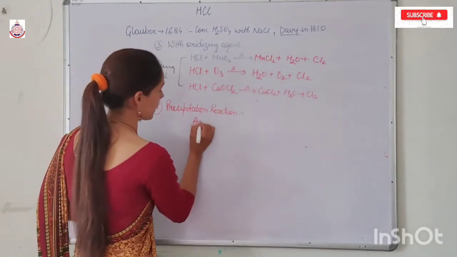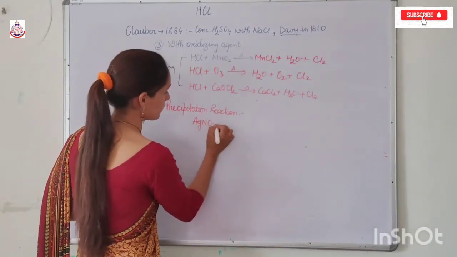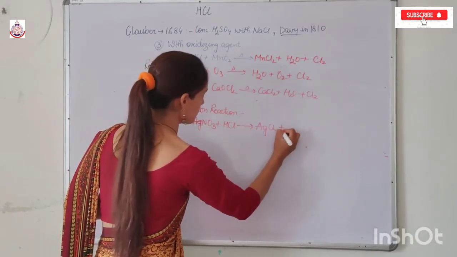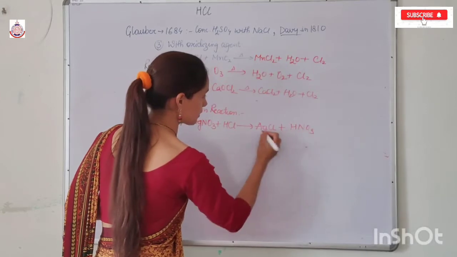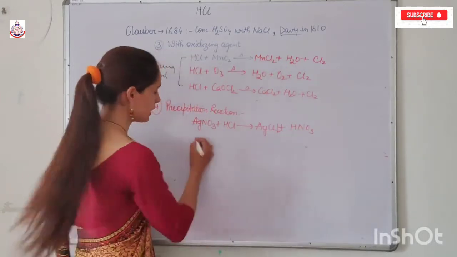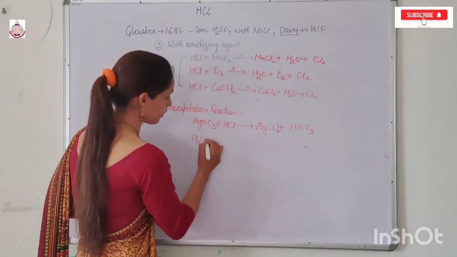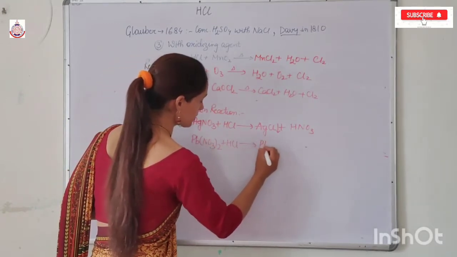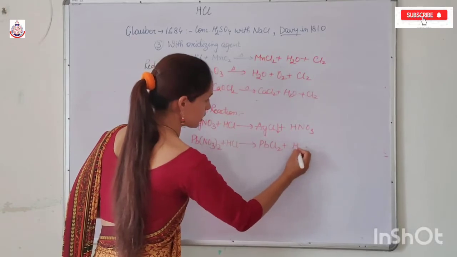For example, AgNO3 when it reacts with HCl forms AgCl, which is a white precipitate, plus HNO3. Similarly, Pb(NO3)2 reacts with HCl to form PbCl2 plus HNO3.